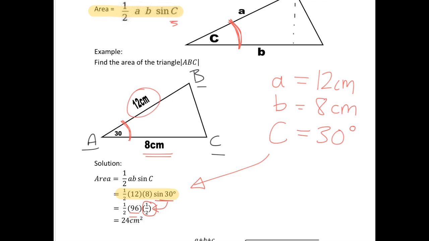And if we throw this line into our calculator, we can find that the answer is 24 centimeters squared. And always keep in mind that for questions involving area, you need to add in your units.